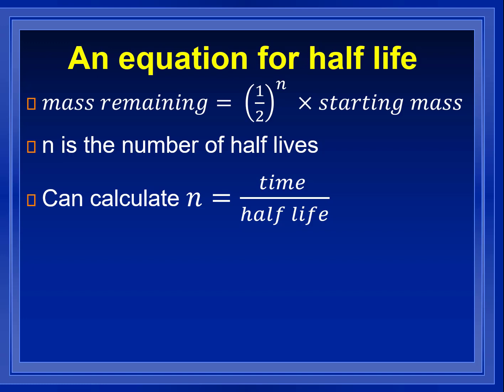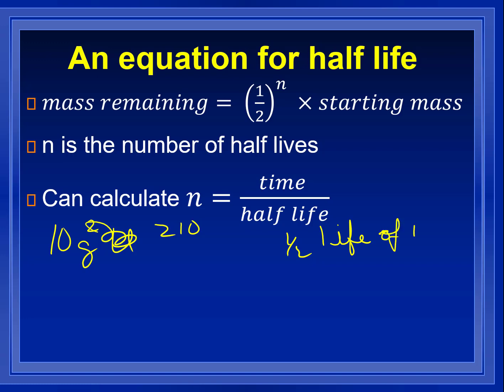Okay, so how much would I expect to have left if there was, say, 10 grams? If I had 10 grams of my polonium-210, with a half-life of 138 days, and it's been 3 years, how much is left?